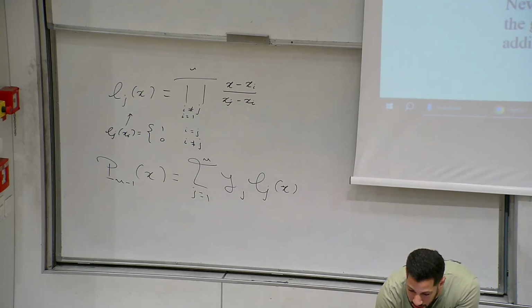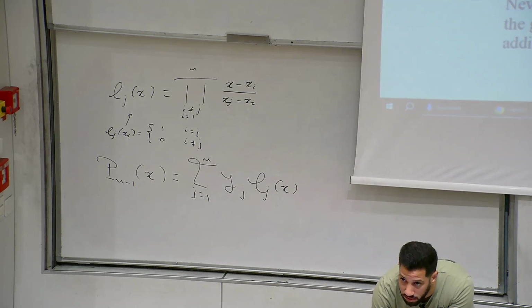So we have x minus 1 and x minus 2 over 0 minus 1 and 0 minus 2. Okay, that's the first term. And the second term is 0. Why is the second term 0?